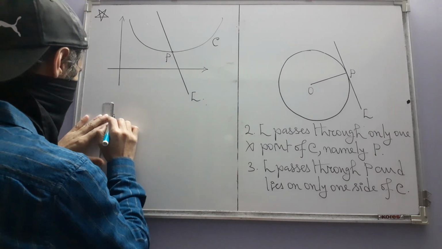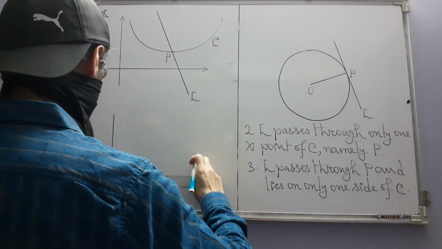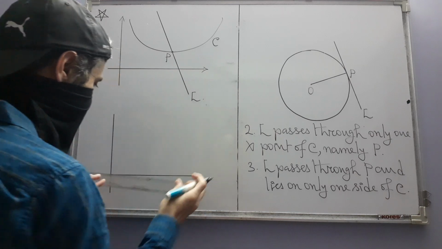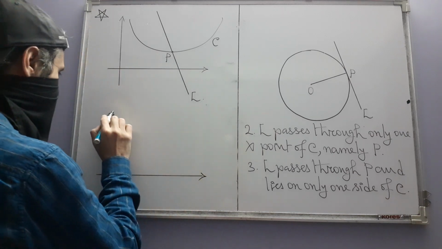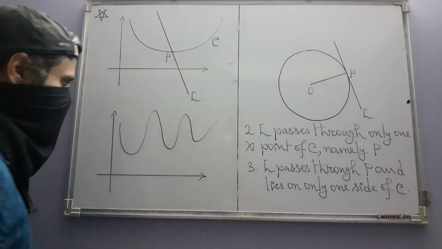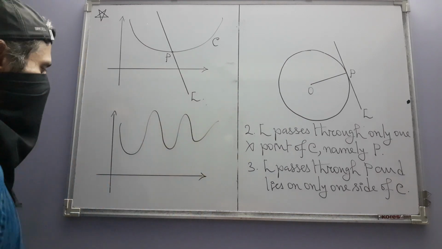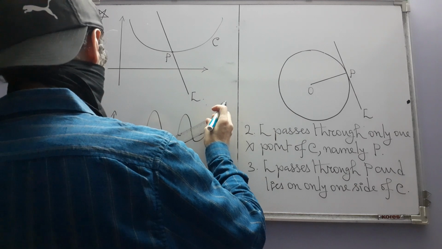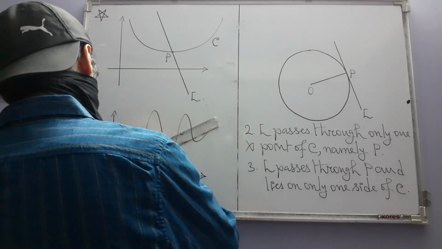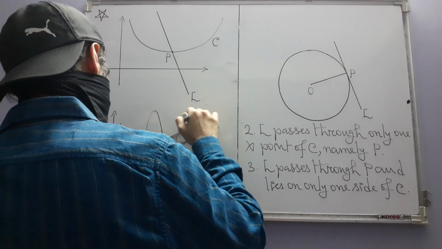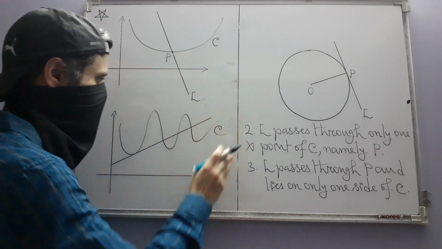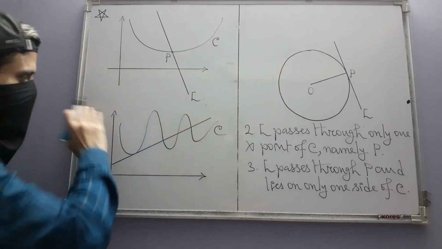Say your curve is like this, a kind of a wavy curve, something like this. It may happen, and say you consider this line. So this is your curve C, extending on that side, on this side.